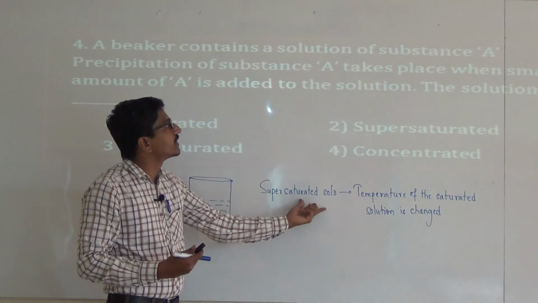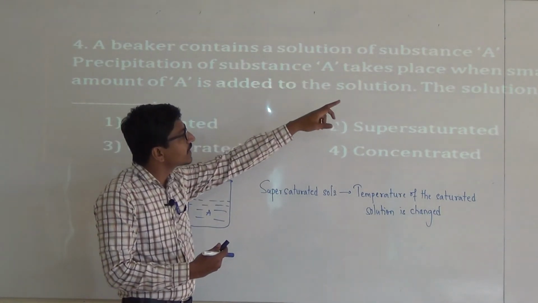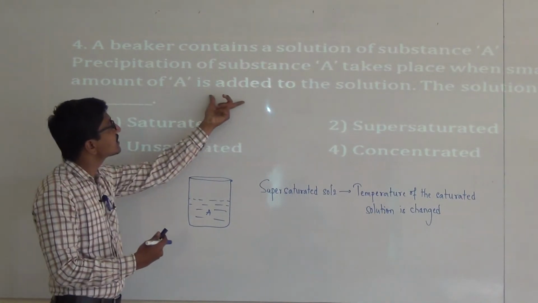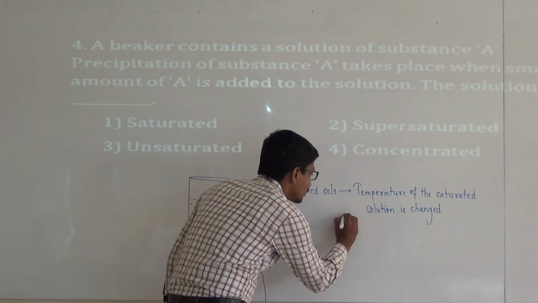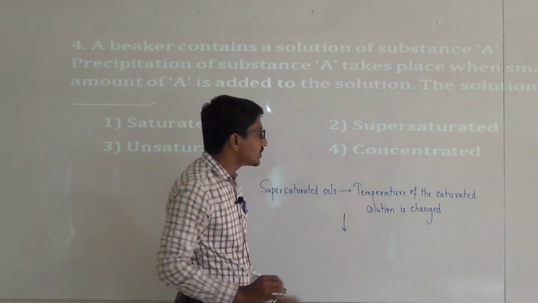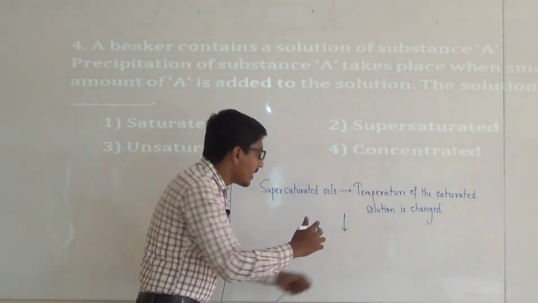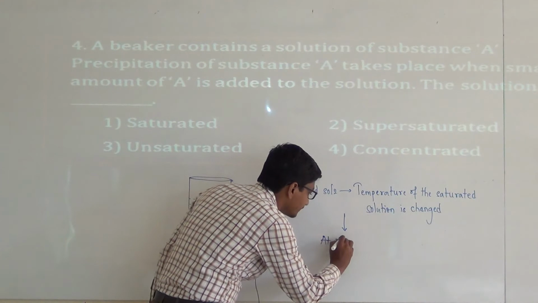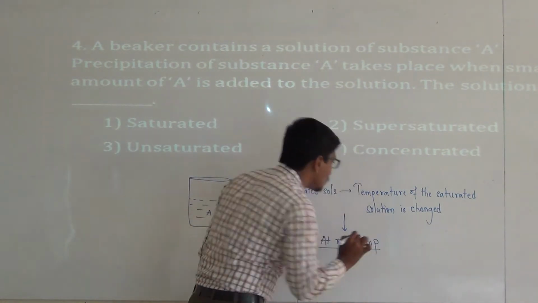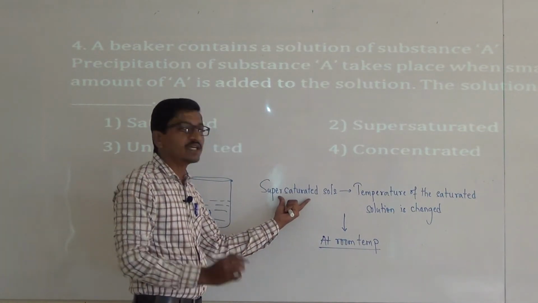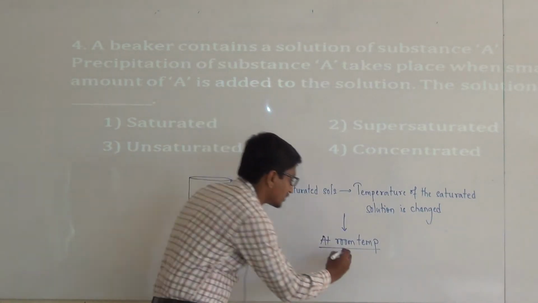and the solution is called a supersaturated solution. In the question, precipitation of substance A takes place when a small amount of solute is added and the temperature of the saturated solution is increased and the undissolved solute particles are dissolved, and at room temperature the supersaturated solution containing excess dissolved solute particles undergoes precipitation.